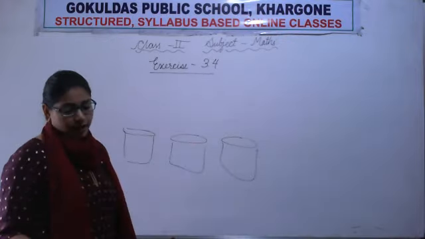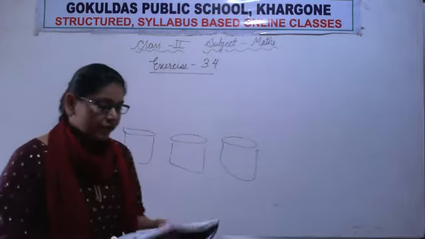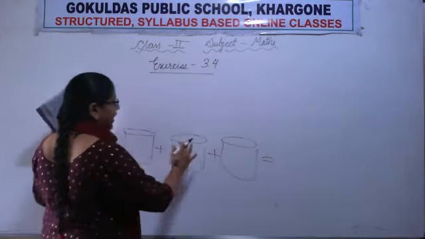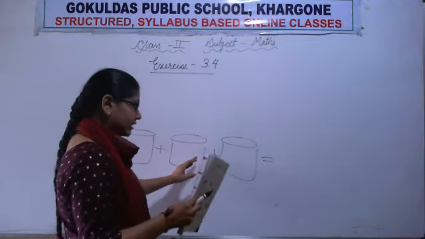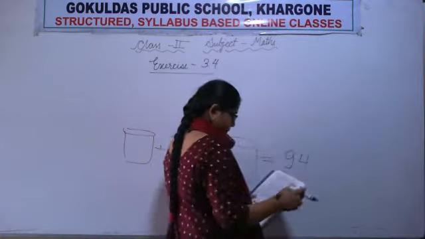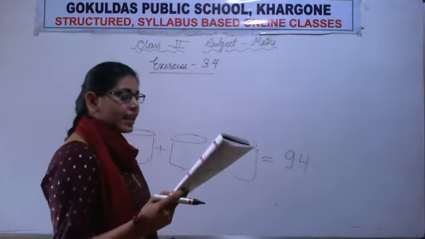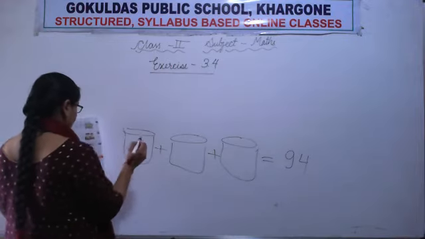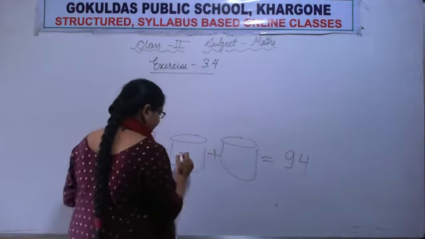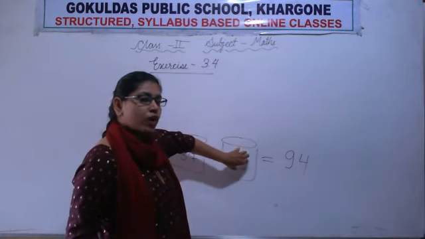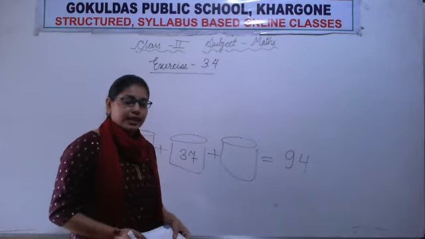Now, the question has given us information like this. If we add up the candies in those 3 jars, we will get 94 because a total of 94 candies are there. In the first jar, 31 candies are there. In the second jar, 37 candies are there. Now we have to find out the number of candies in the third jar.